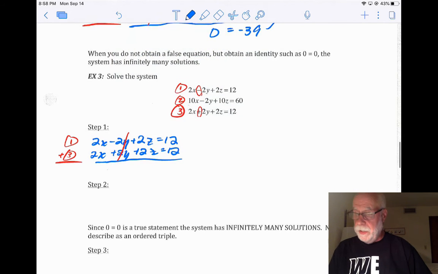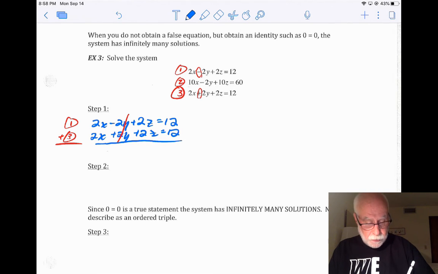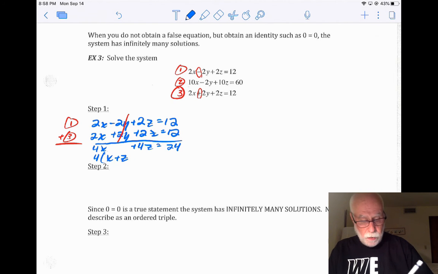So if I add those together, I'll get 4x plus 4z is equal to 24. Now remember, I can factor out a 4. That's not always going to happen. It just happened on these ones that were chosen. And now I can divide by 4.